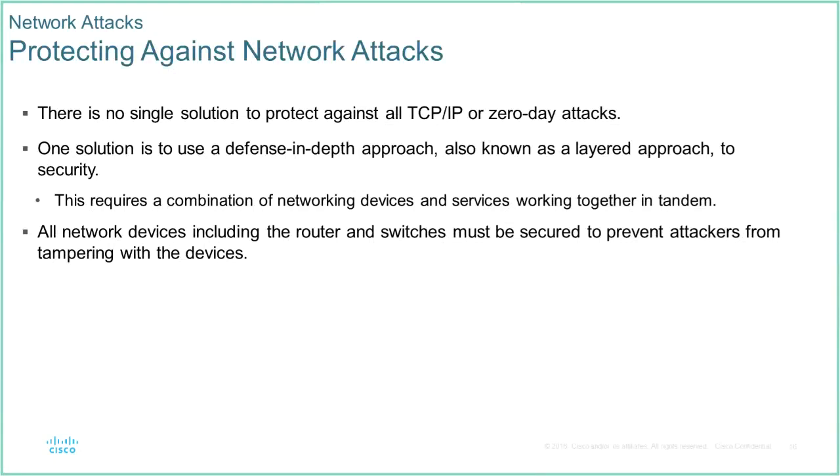Now, this is a combination of different systems working together to protect the network, and it's not just a firewall, it's not just the router. Okay, so they are devices that help us in our fight, but we need to have more than just a single solution. We need to have multiple tools in our arsenal to protect ourselves from exploiting.